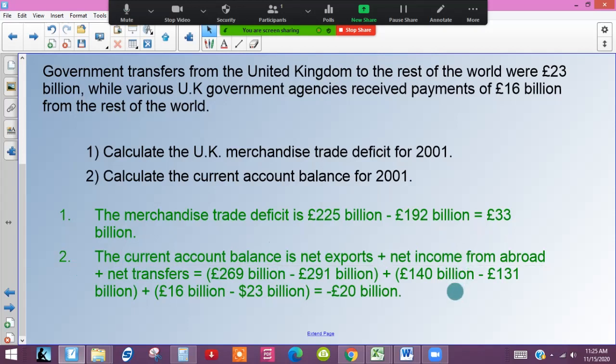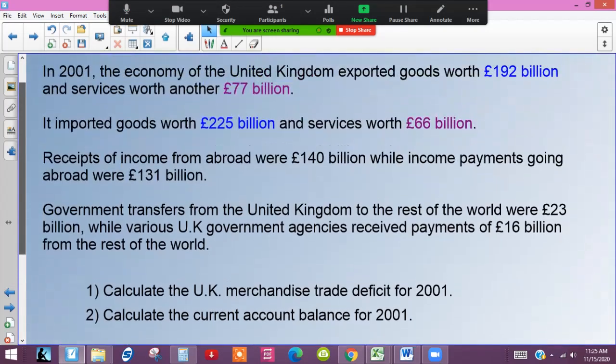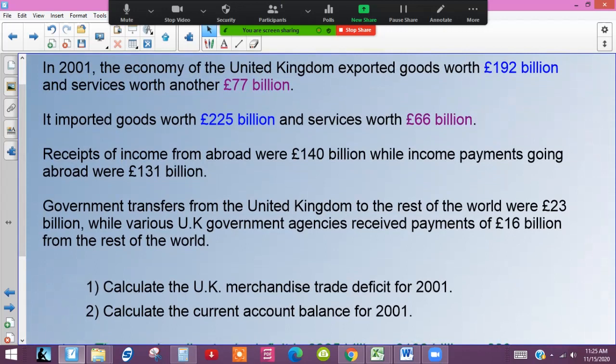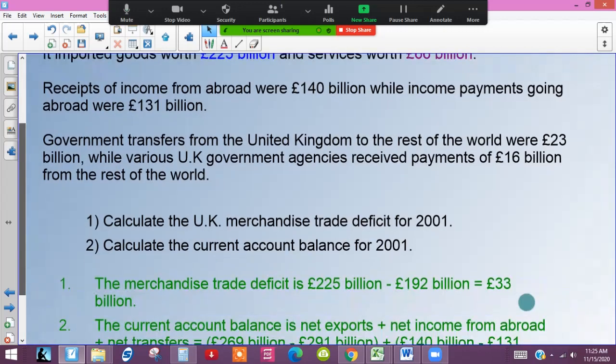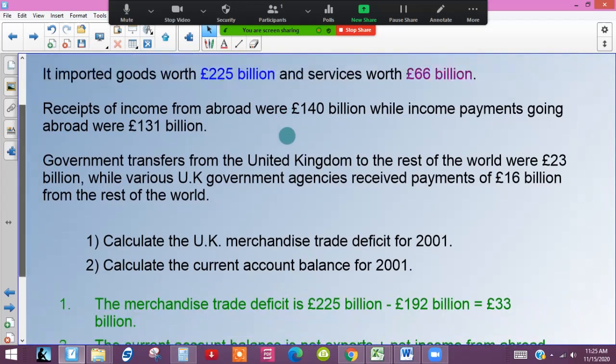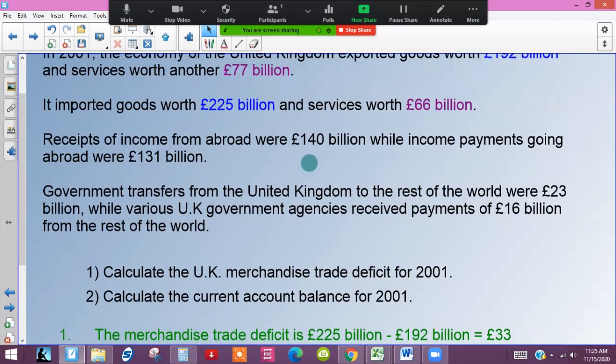So now 140 minus 131 is going to compute for us net income from abroad. When we look back up at our problem, the income from the world coming into the UK was 140, and payments going out was 131.